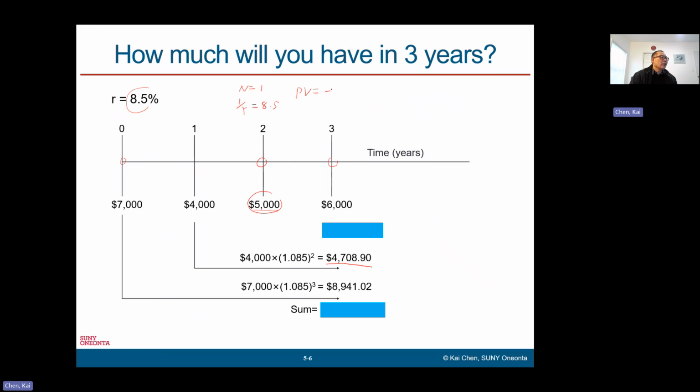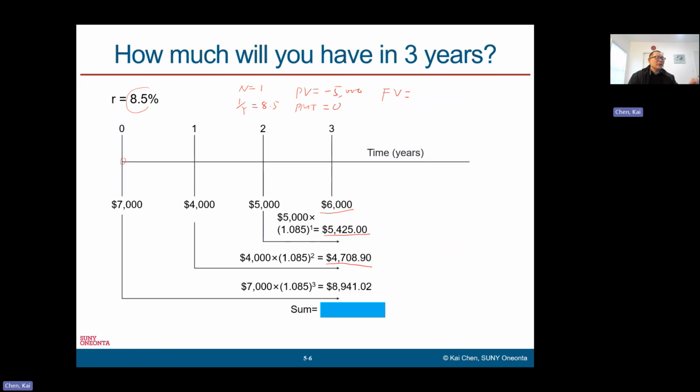Present value is negative $5,000. As usual, we define present value as negative, and PMT, payment, is 0. Now you can calculate future value. This is the future value, $5,425.